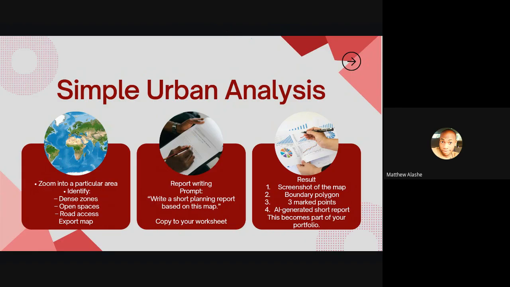Or better still, let's use Google Earth Engine to identify areas, and then we can come back to create a screenshot of those places from Google Earth Engine, and find a way to identify them on QGIS, where we're going to create a map export and then use it in our report analysis. All right. So I'm going to present my entire screen.